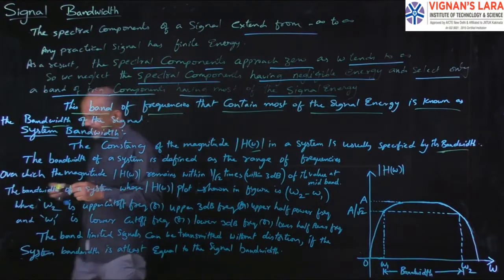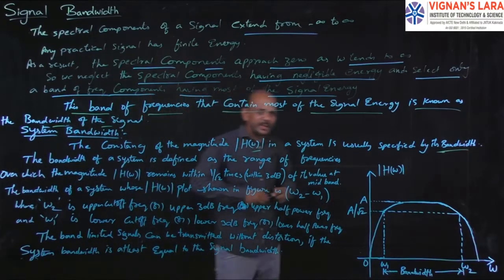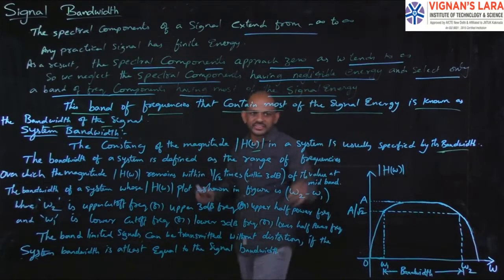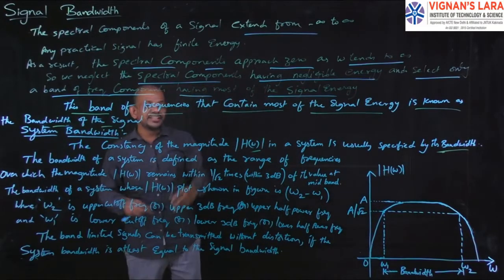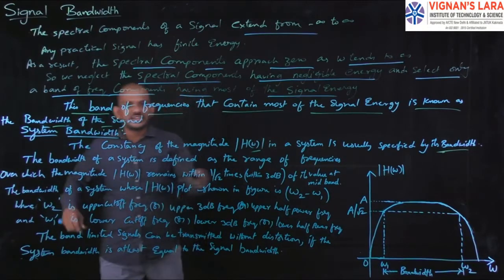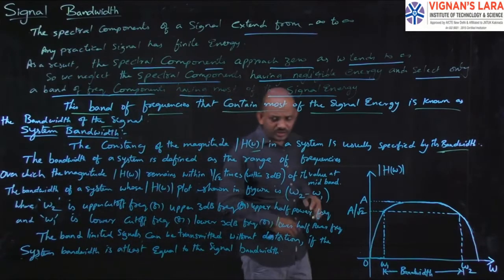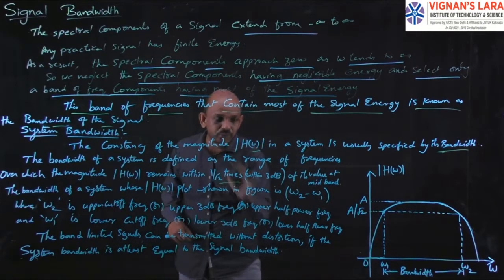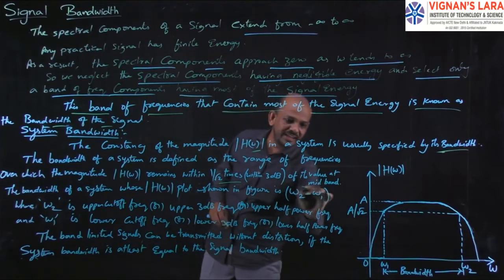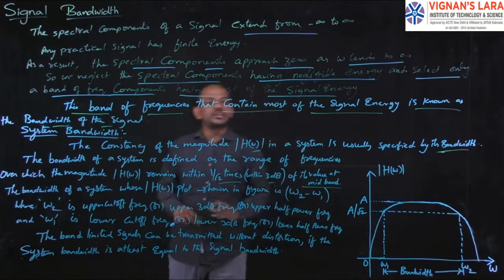Simply, how do we define the bandwidth? The bandwidth of a system is defined as the range of frequencies over which the magnitude of the transfer function remains within 1 by root 2 times its value at midband, or within 3 dB of its value at midband.